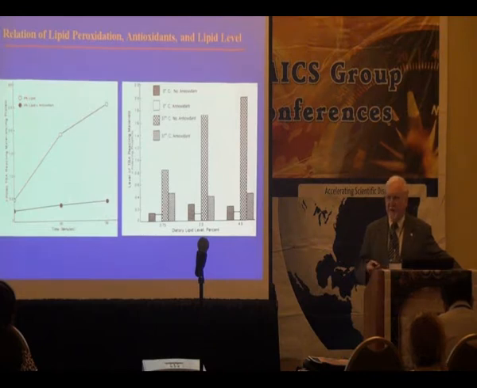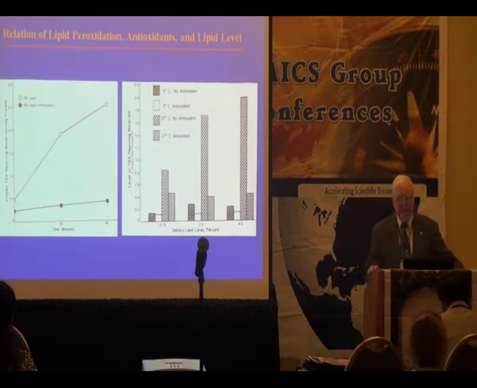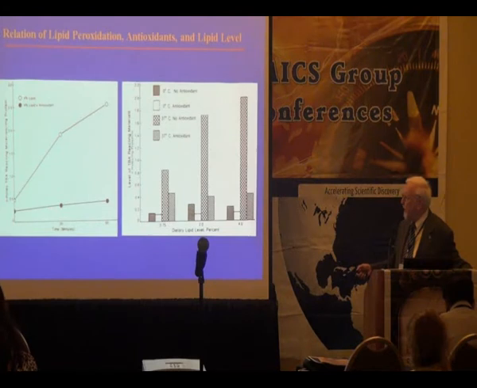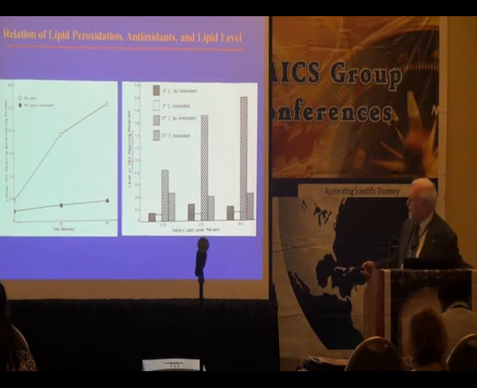As you add polyunsaturated fatty acids, you get more lipid peroxidation and so on. But on closer inspection, what we found was that in the cutaneous tissue, the skin, antioxidants were inhibiting the stable lipid peroxidation products, MDA or TBA-reacting substances.